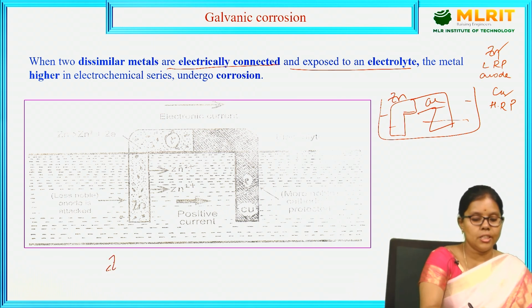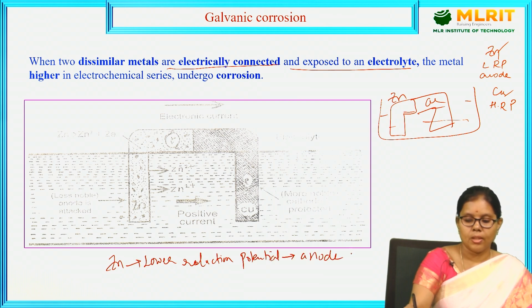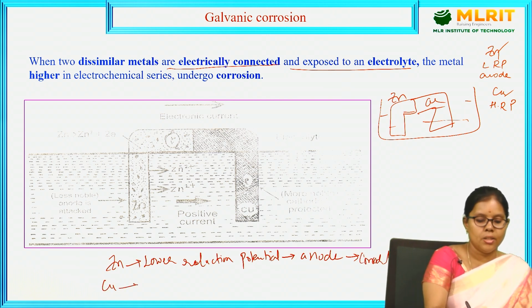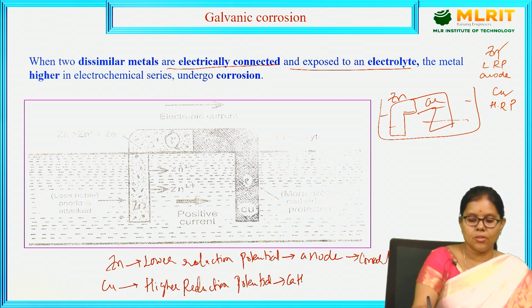So zinc, having lower reduction potential, acts as anode and gets corroded. Copper, having higher reduction potential, acts as cathode and gets protected.